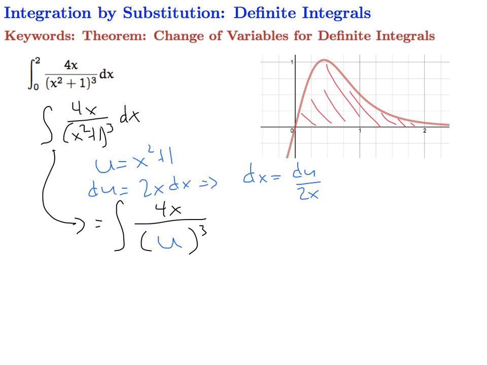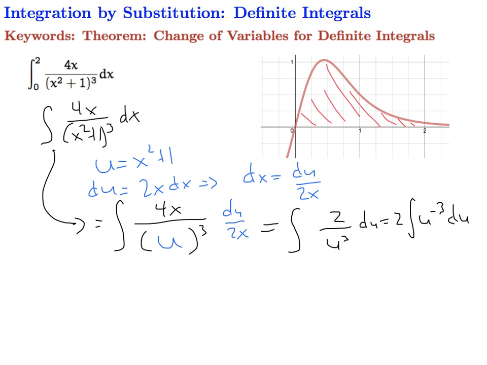We'll keep the 4x there for now, and I'll replace dx with du over 2x. And after a little bit of canceling, what we're left with is 2 over u cubed du, which we can also write as 2 times the integral of u to the negative 3 du.